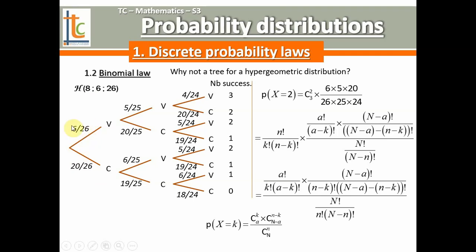6/26 is exactly the probability that we got in the binomial distribution just earlier. And 20/26 as well for the failure probability.